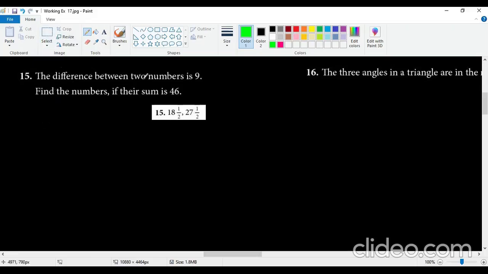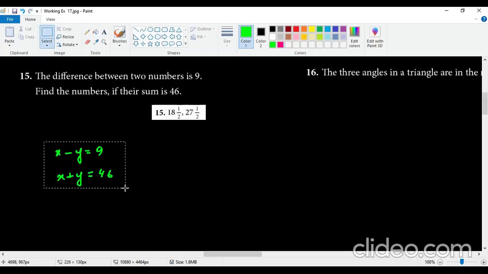It says the difference between two numbers is 9. So that means the two numbers are x and y. x minus y is 9, and the sum is 46. x plus y equals 46.